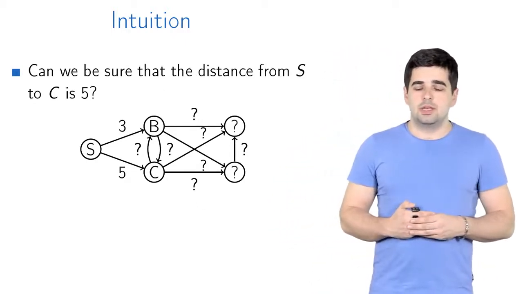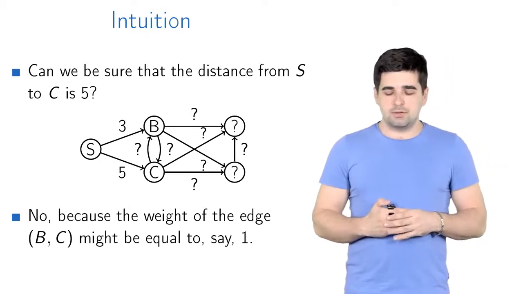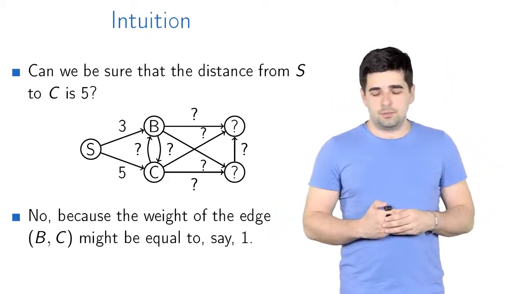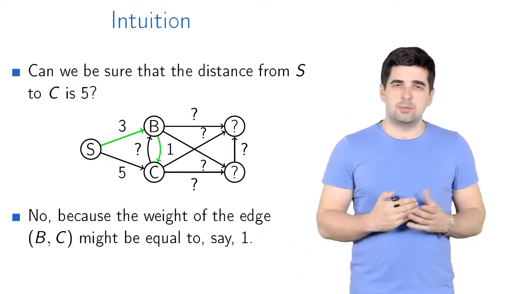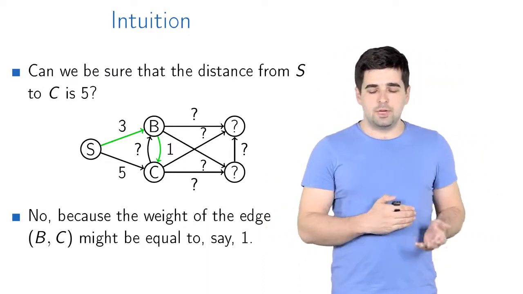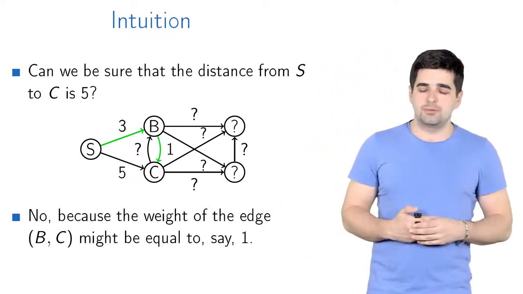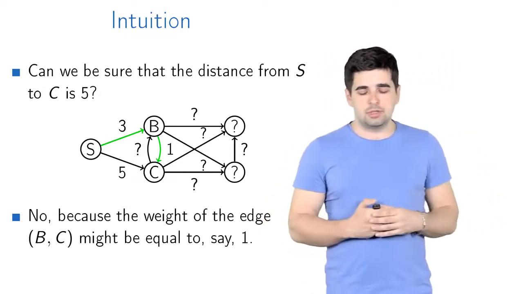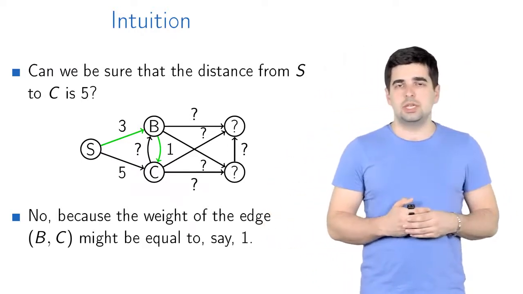Okay. So no, this is not the case, because, for example, the edge from B to C can have weight 1, and so the shortest route from S to C will be from S to B and from B to C, which is only 4 hours instead of 5 hours if we go directly. So we cannot be sure that the fastest route from S to C is 5 hours.